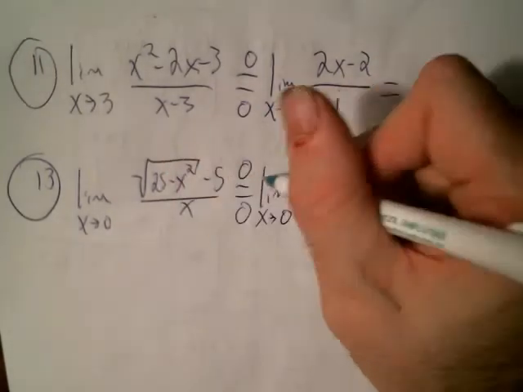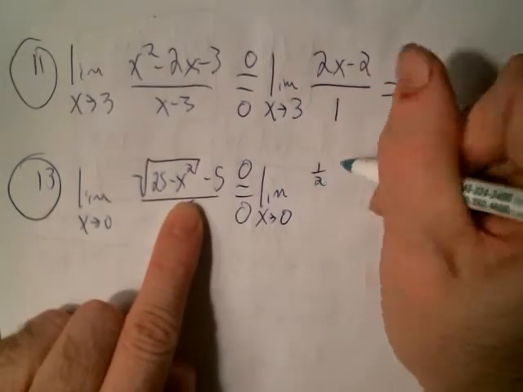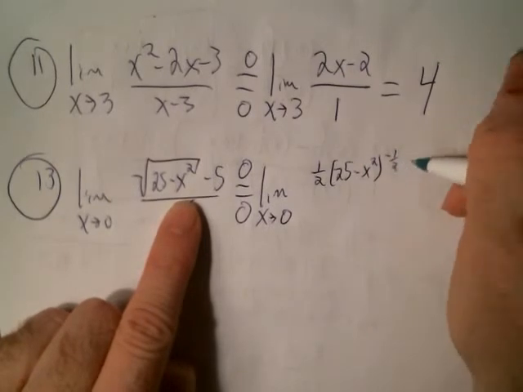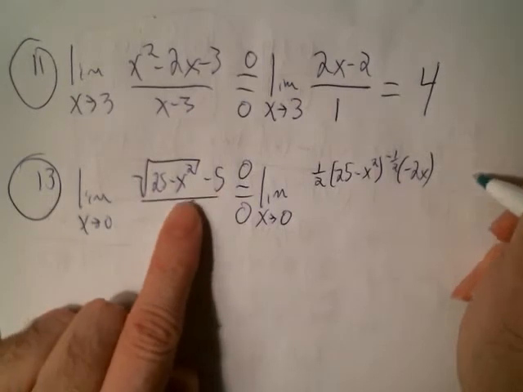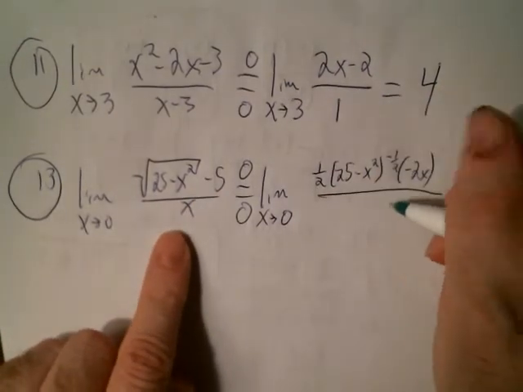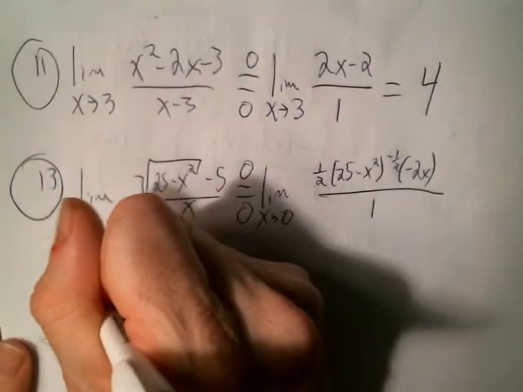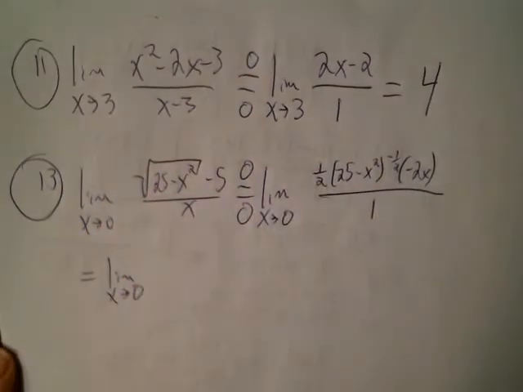And let's take the derivative. The derivative of the numerator portion is 1/2 times 25 minus x squared to the negative 1/2 times negative 2x, and then the derivative of 5 is 0. That's all over the derivative of x, which is 1. So this is not the quotient rule, folks. This is different. You're taking the derivative of the numerator and then the derivative of the denominator separately.